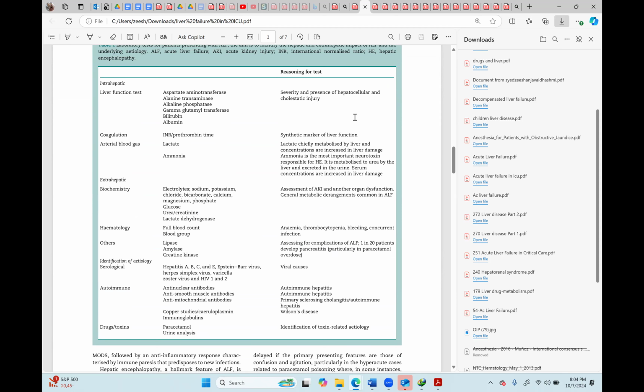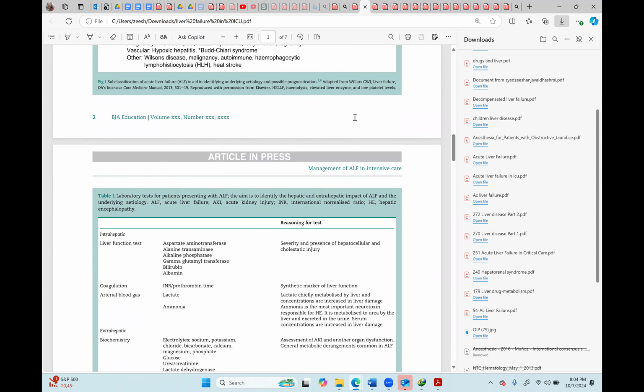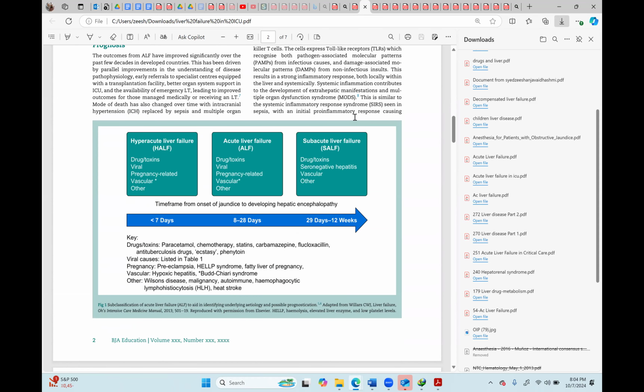Hepatitis A, hepatitis B, hepatitis C, Epstein-Barr virus, herpes simplex, varicella zoster, HIV. Okay. So preeclampsia can also cause this, HELLP syndrome, fatty liver of pregnancy, vascular causes like hypoxic hepatitis, Budd-Chiari syndrome, Wilson's disease, malignancy, autoimmune, hemophagocytic lymphohistiocytosis.